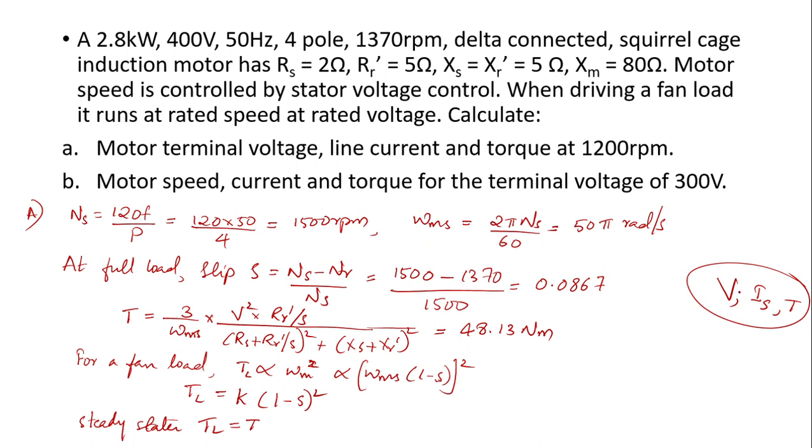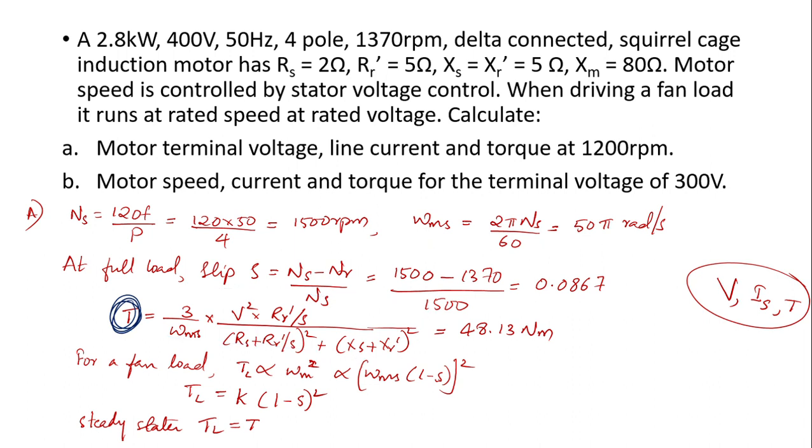To get the terminal voltage, you have an equation for torque over here. The equation for torque includes your voltage. All the parameters that are given over here are already known, but the problem is that you don't have the value of torque.